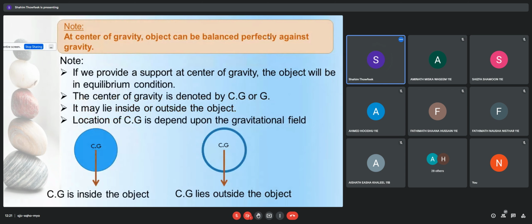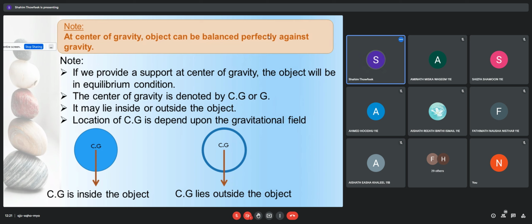And center of gravity is due to the gravitational field. You have to be aware of the gravitational field. At the center of gravity, an object can be balanced perfectly against gravity.